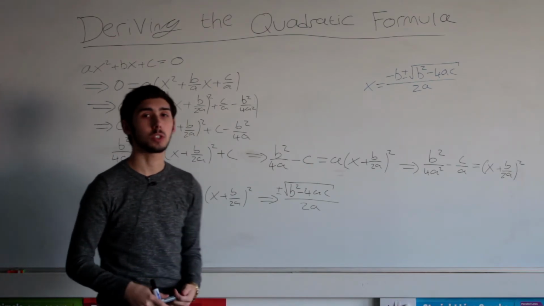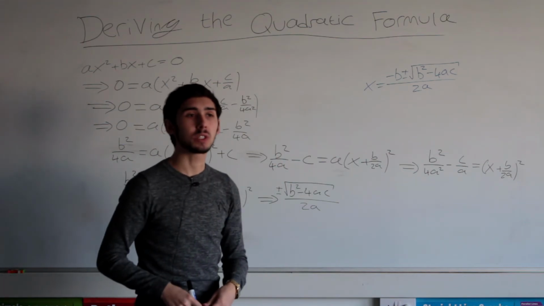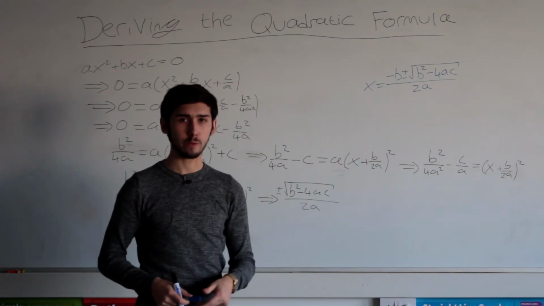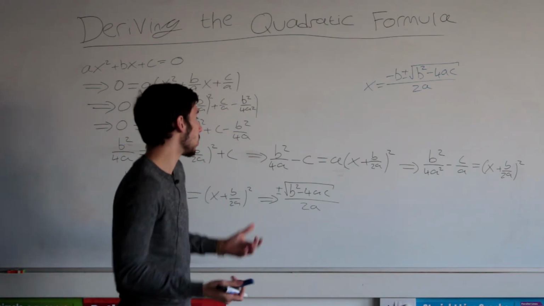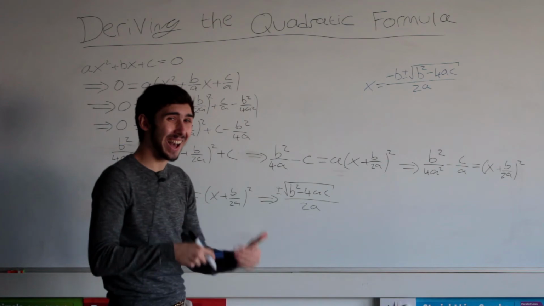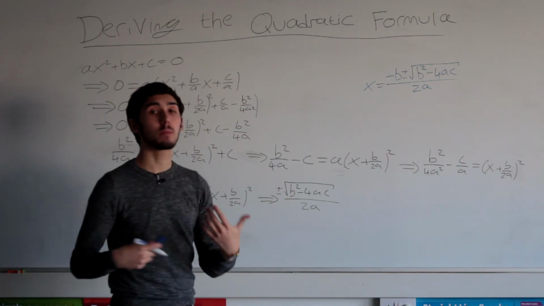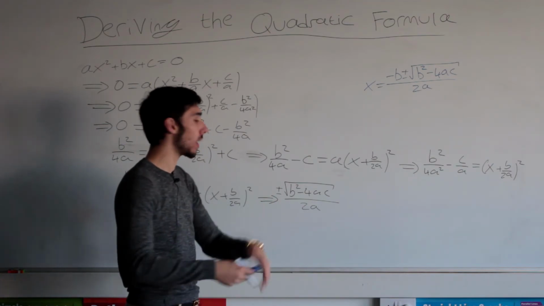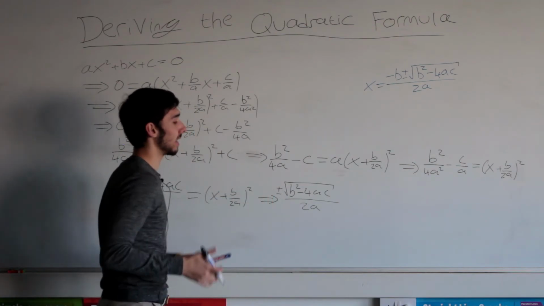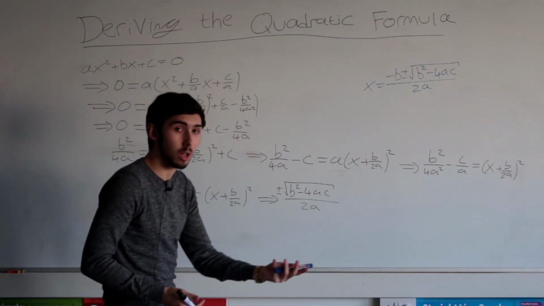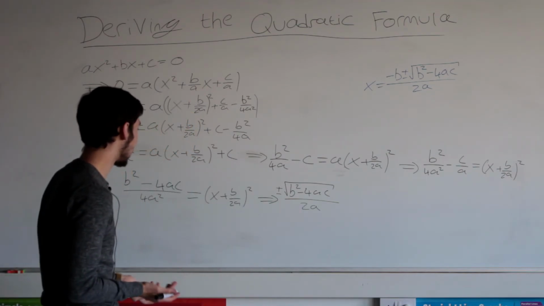Just like if I said to you, what number times itself makes 25, you would say plus or minus 5, because both of those times themselves make 25. So it makes sense that both positive and negative square root of b squared minus 4ac will multiply by itself to make b squared minus 4ac. That makes sense, okay? So plus or minus literally just means plus or minus what we've got right there.